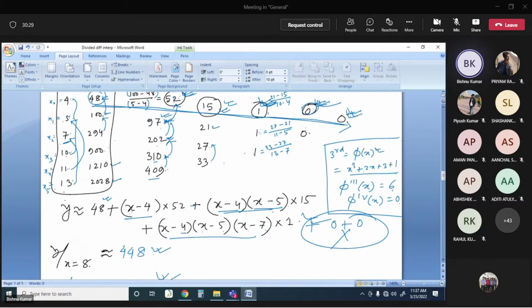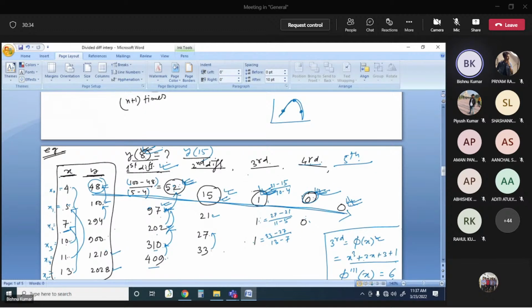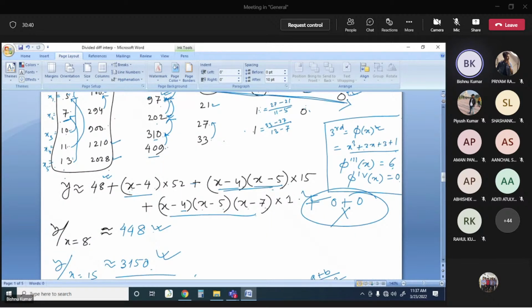Using that polynomial, you put 8 in place of x. You get the corresponding y value, which is approximate, because these techniques are numerical techniques. So whatever result you get is the approximate value. The value of y at x equals 8, if you put it in this polynomial, you will get 448.